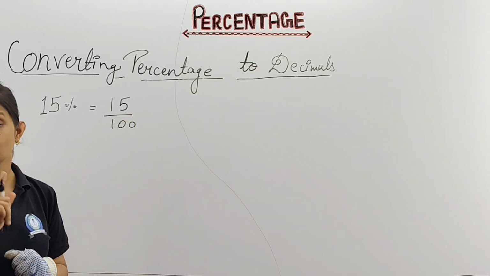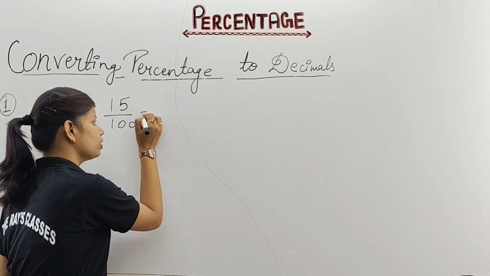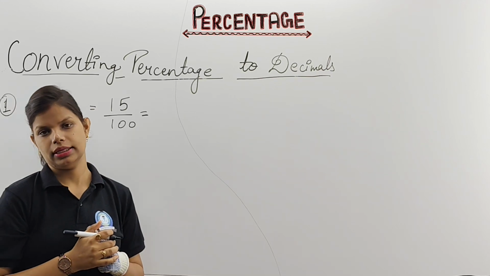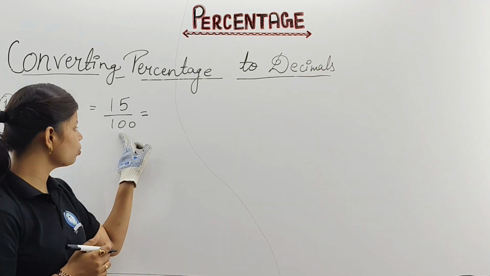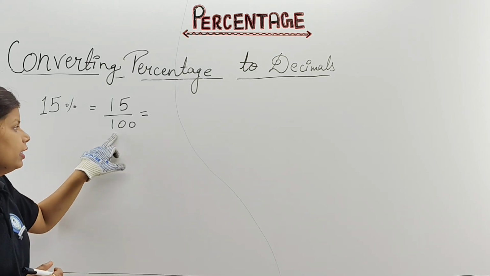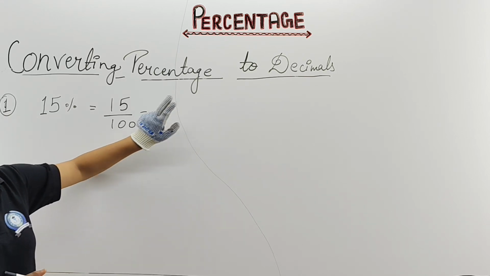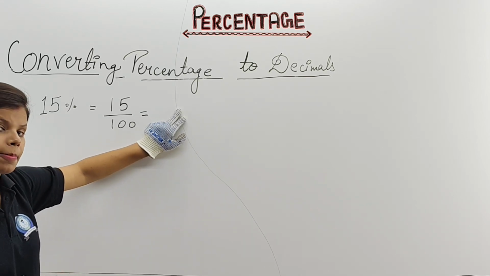And I told you already, at the bottom side, how many zeros we are having, we are going to put the decimals to that part only. That means if we are having two zeros here at the denominator, just after the decimal we will have 2 digits.